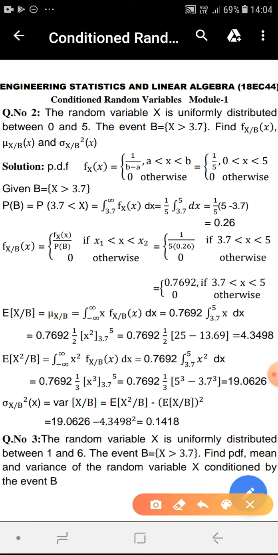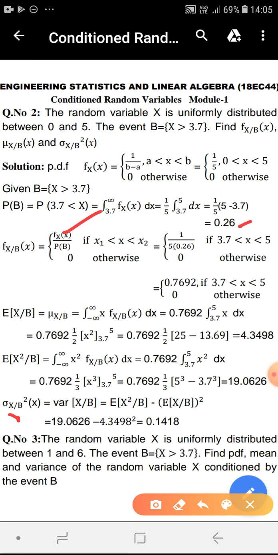For x greater than 3.7 and less than 5, the numerator PDF fx of x is already calculated, which is 1 by 5. Between 0 and 5 means 3.7 and 5 come in between this. Denominator p of B will be 0.26.